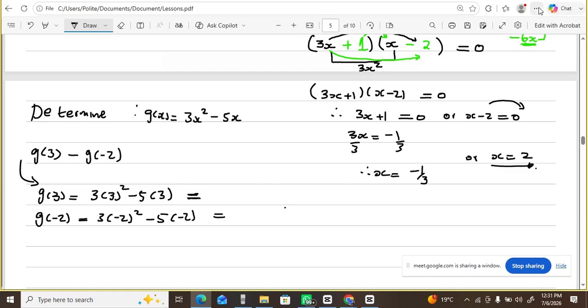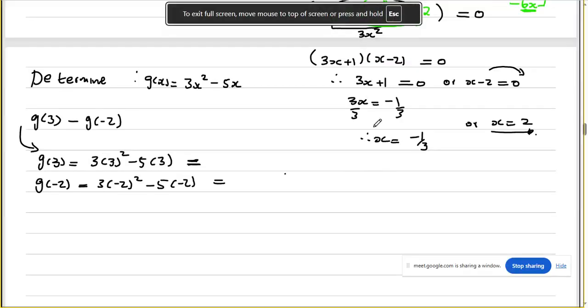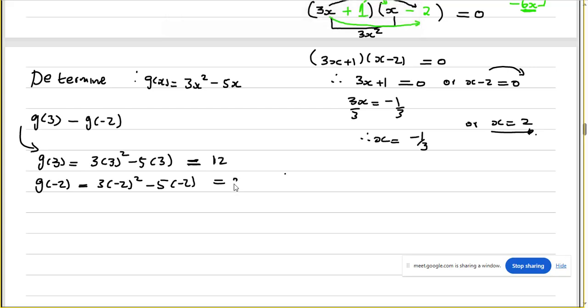So the top part is 12, the bottom part is 22. Remember, we are looking for g at 3, which is 12. Then you subtract g at minus 2, which is 22. And then your answer is just negative 10.